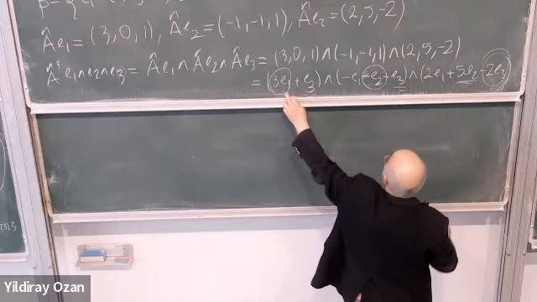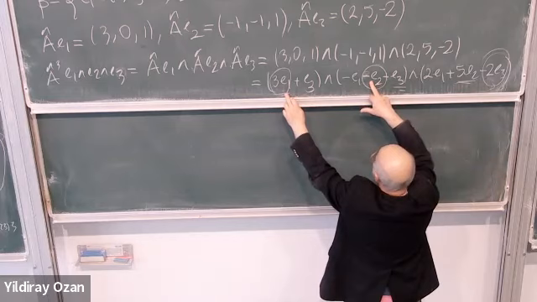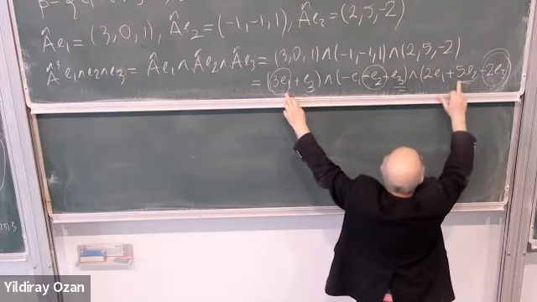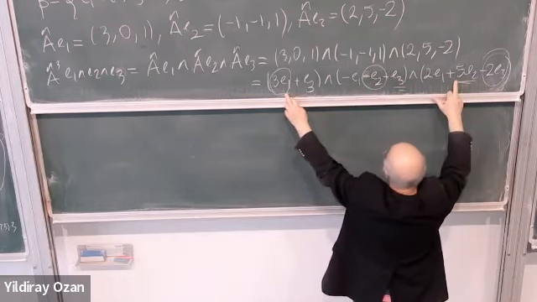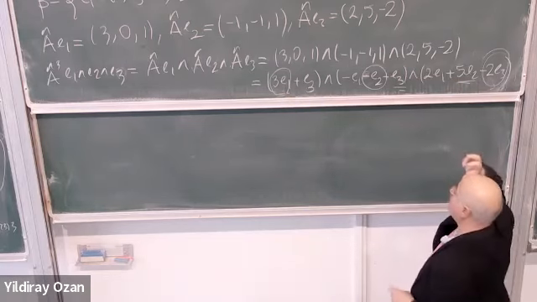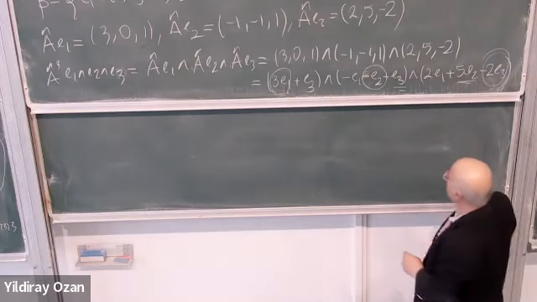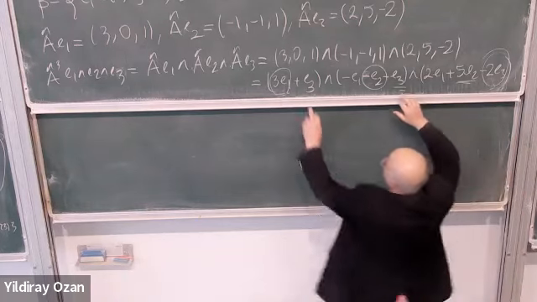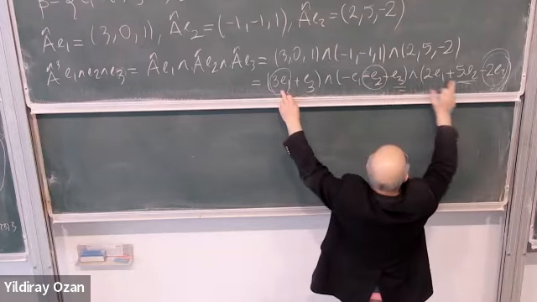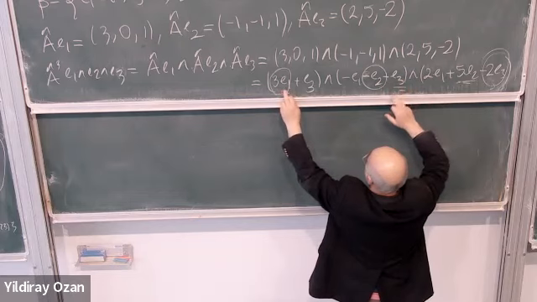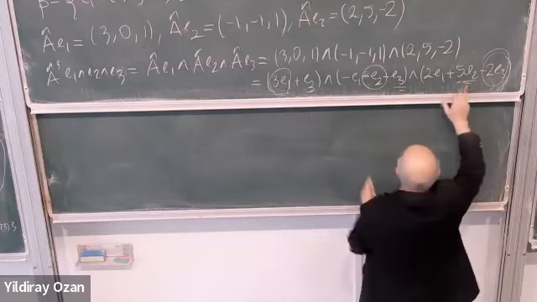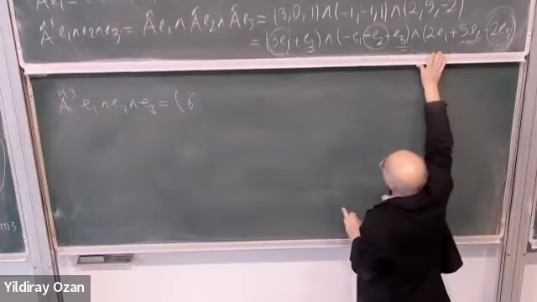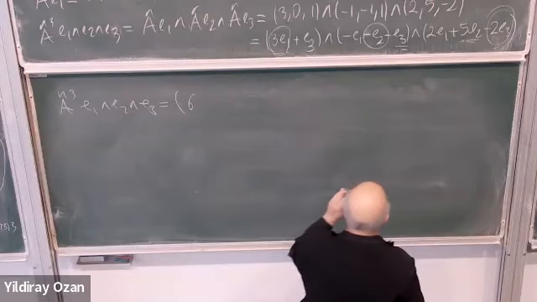So 3 times 5 times 1, that is 15 times e1, e3, e2.